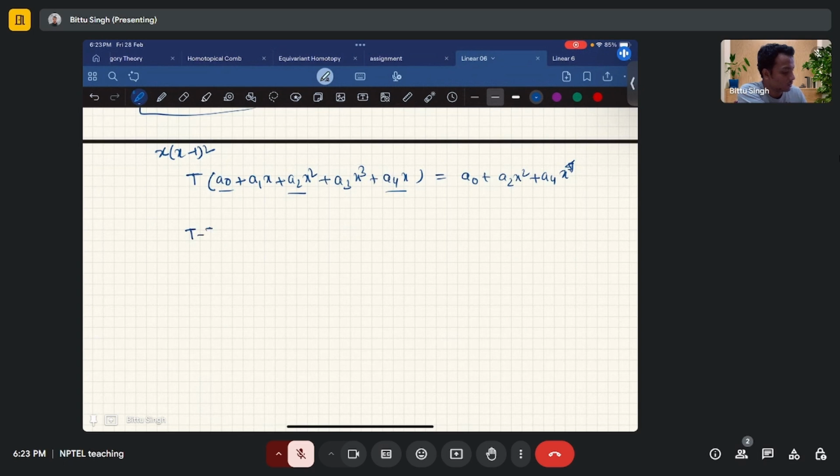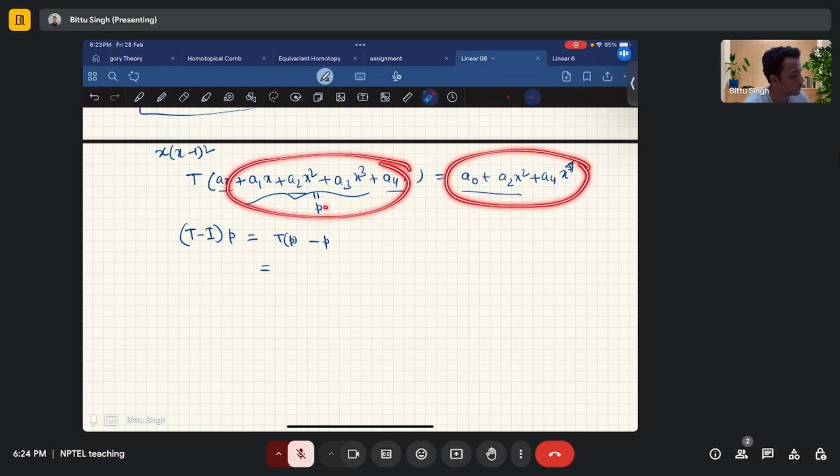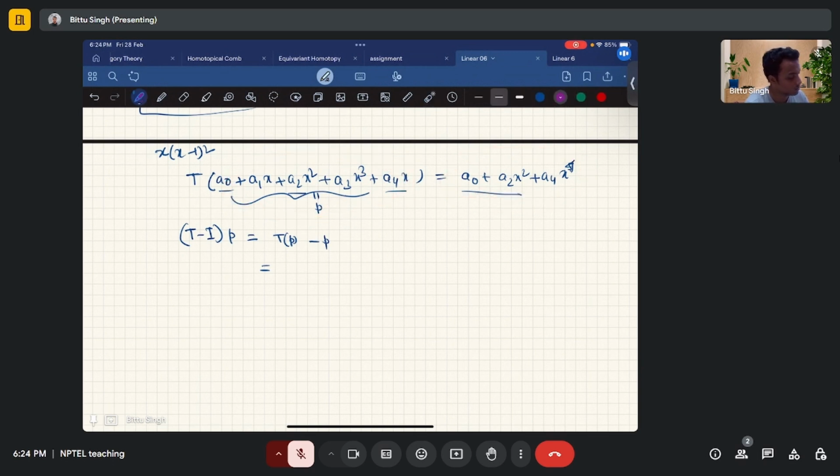So what is T minus identity? T minus identity acting on this polynomial, denote it by P. It is simply T on P minus identity on P, which is P. So if we subtract the first polynomial from this polynomial, it is clear that only the odd terms will survive: minus a1x minus a3x^3.